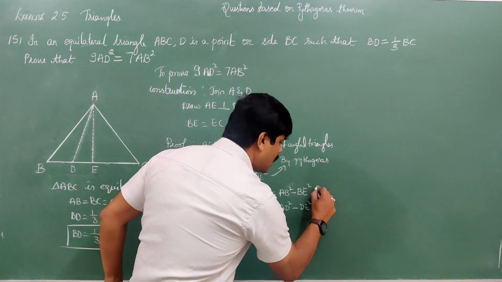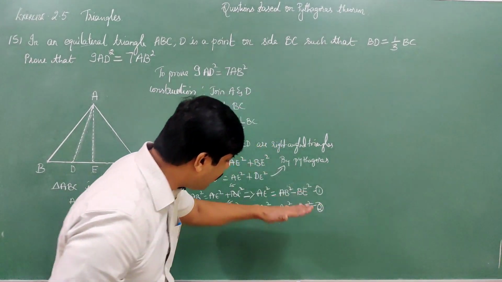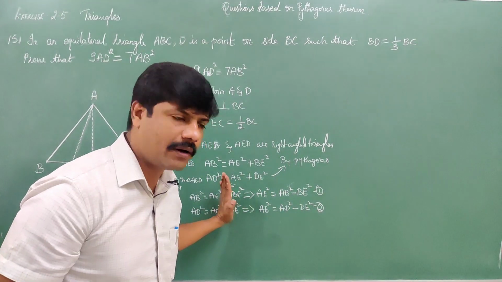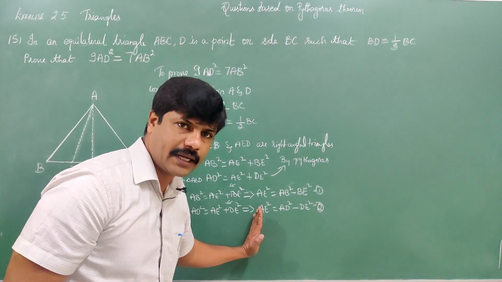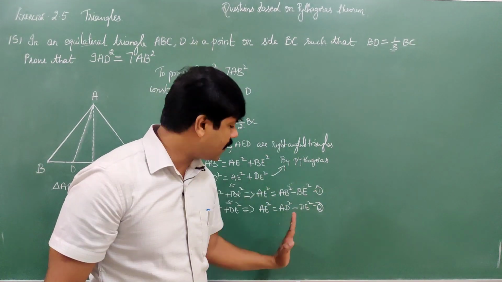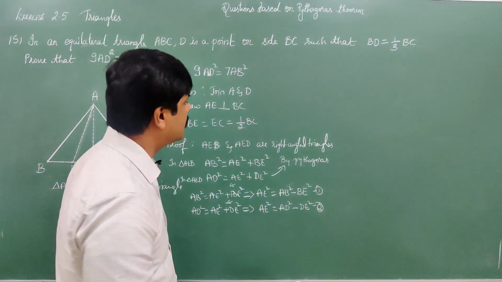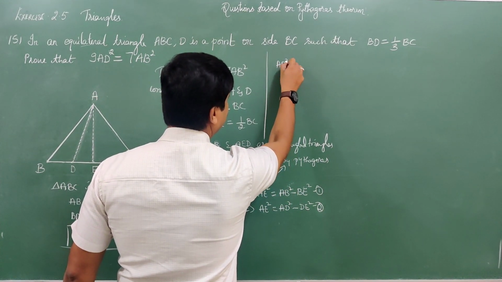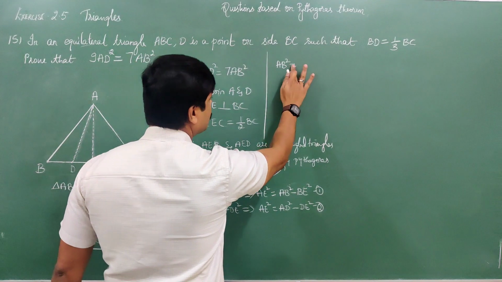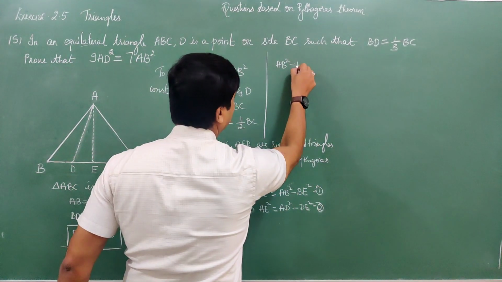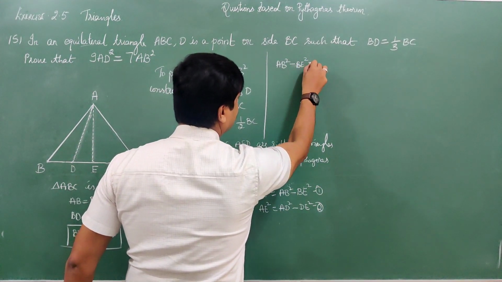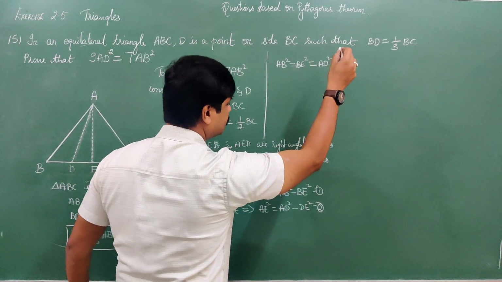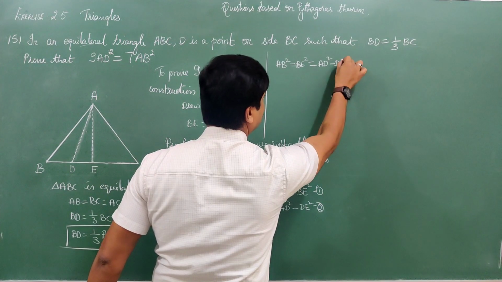Mark this as 1 and this as 2, and if you compare 1 and 2, you can see that LHS are equal. AE square is equal to AE square here. Since LHS are equal, you can equate the RHS. Thus AB square minus BE square is equal to AD square minus DE square.